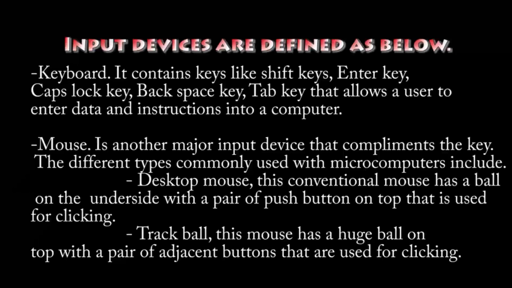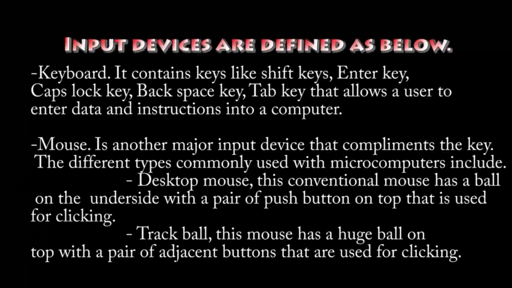We have also the mouse. The mouse is another major input device that complements the keyboard. The different types commonly used with microcomputers include desktop mouse, trackball, and we need to define these also.